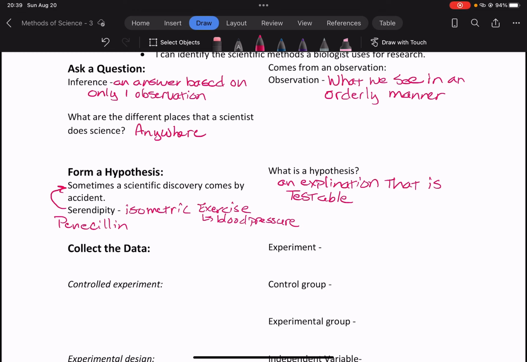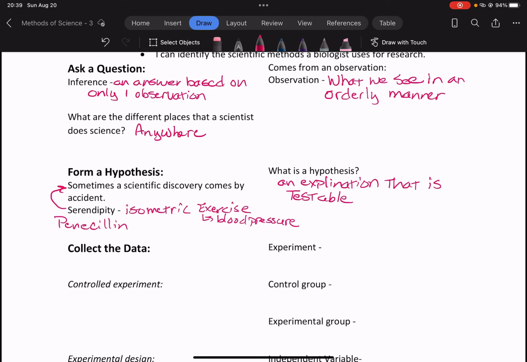Penicillin is another one where a guy was looking at bacteria in a petri dish and had his bacteria left out over the weekend on his desk. He was eating lunch there, had a cheese sandwich, it molded, and some of the mold spilled onto the petri dish.